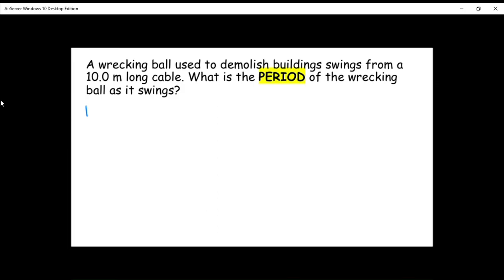My turn. We know the length is 10 meters, and period is what we're looking for.